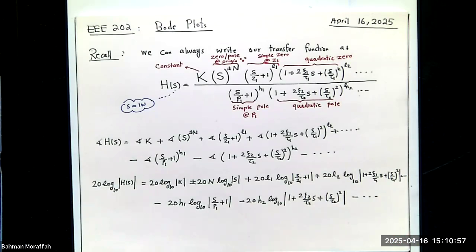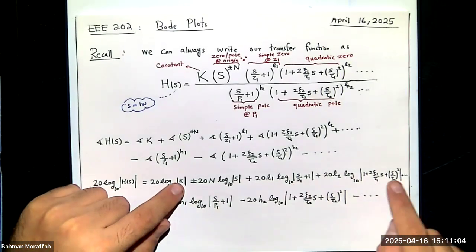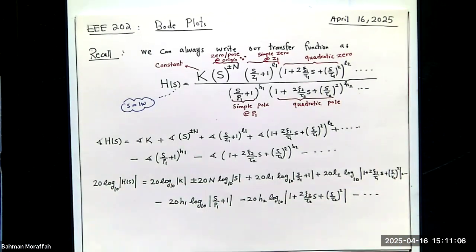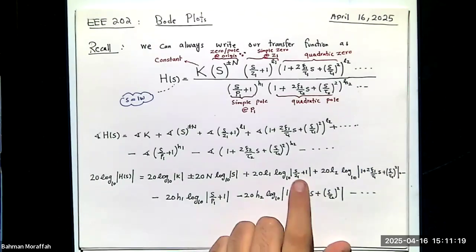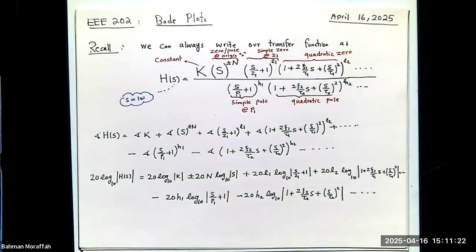Now my life is a little easier, right? Because as soon as I know how to plot each term, I know how to plot the whole thing. I just need to add them on top of each other, right? But it is still not good enough. Because if I look at, for example, this term over here, the magnitude is the square root of 1 plus omega squared divided by Z1 squared.